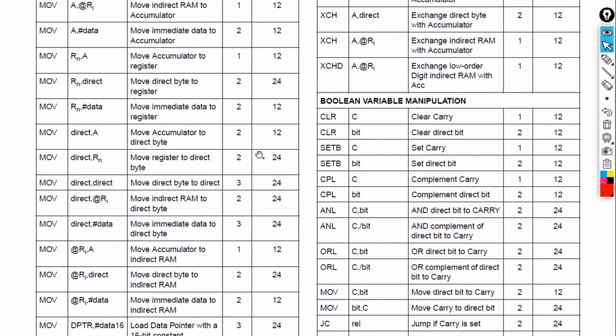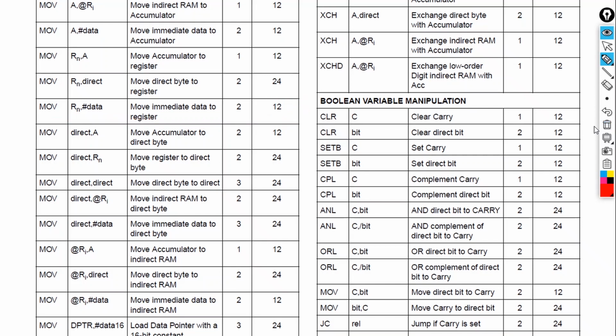That is our immediate addressing mode, with immediate data, so this is going to be one machine cycle.